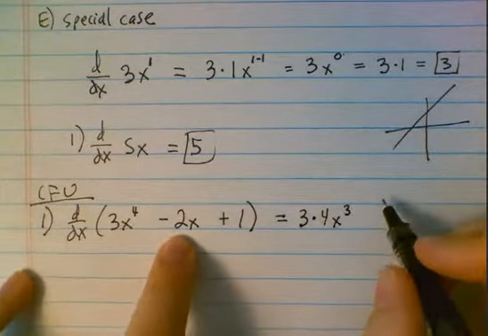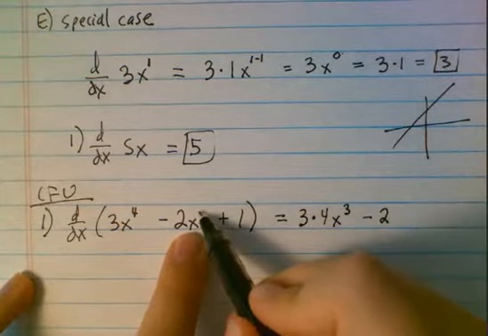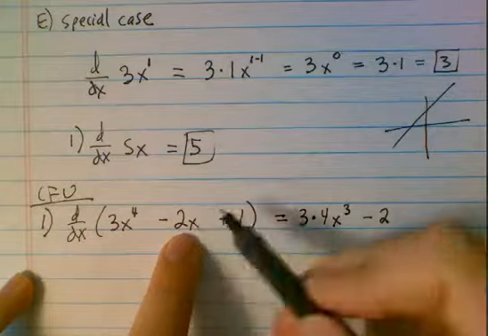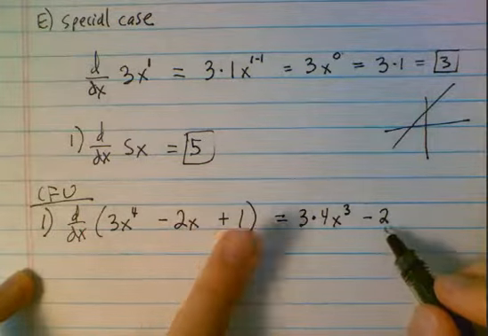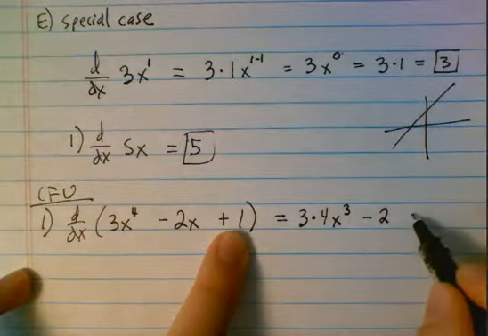Now here, this negative 2 is along for the ride. This is x to the 1st power. When we bring down the 1 and subtract 1, this is x to the 0, and it goes away. So it's just negative 2. And then the derivative of any number, that constant, that's 0.